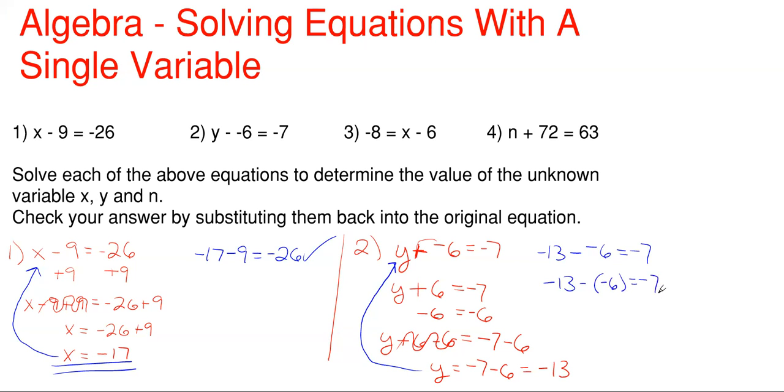It's the same equation. So minus 13 minusing off a minus 6 is essentially minus 13 plus 6, which does in fact equal minus 7. So I know, because the equation is still true, that y is in fact minus 13.